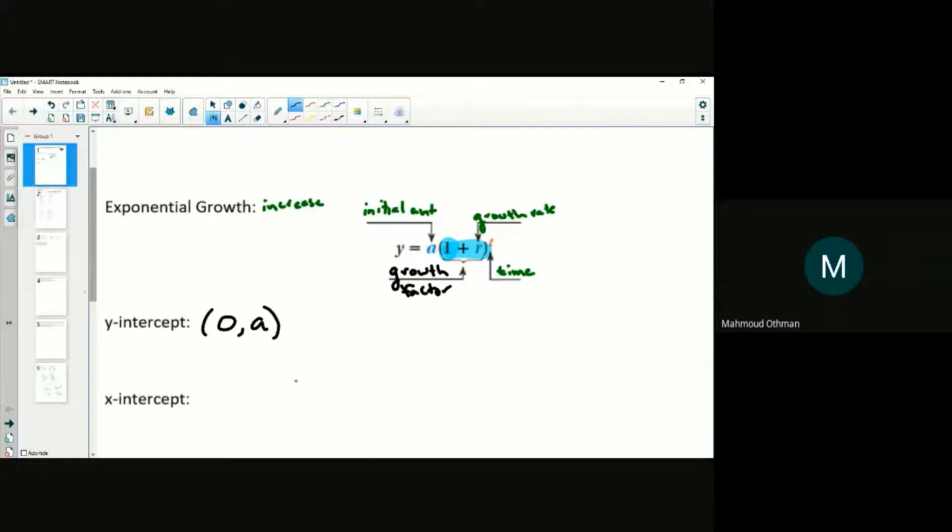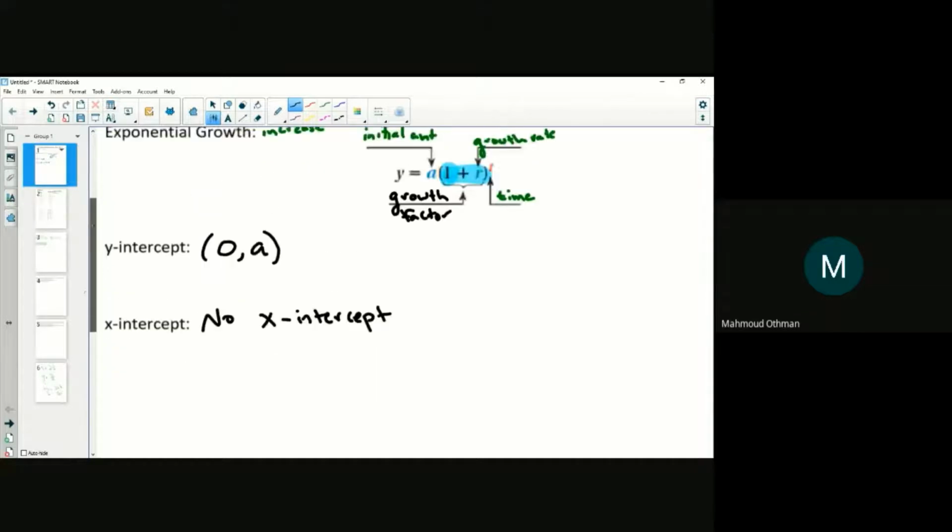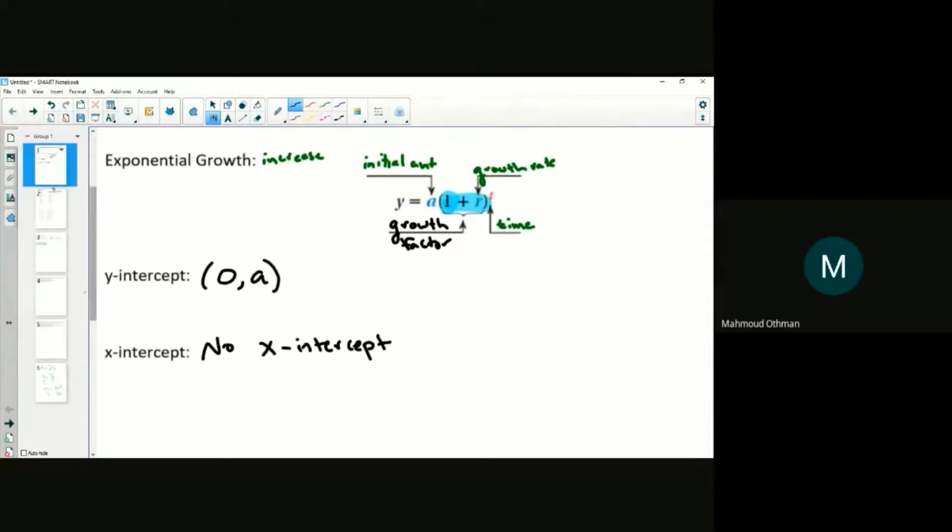We might not talk about it in this course. So there is no x-intercept. There's none. Is there more? No, that's it for that part.